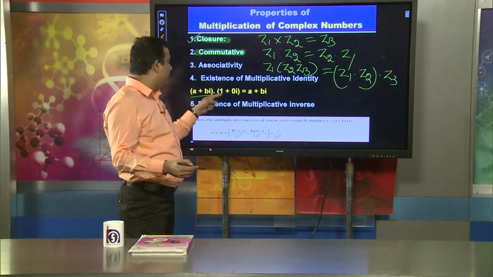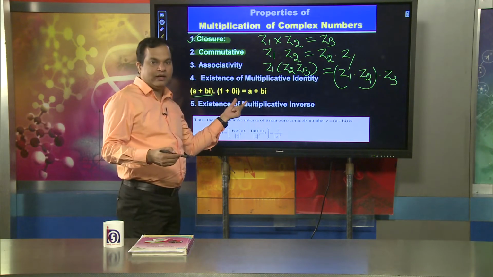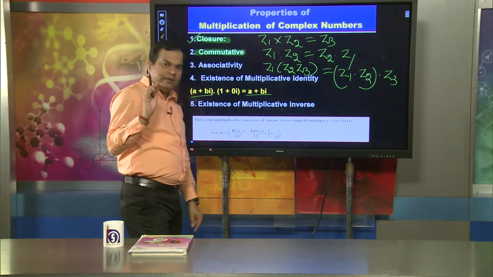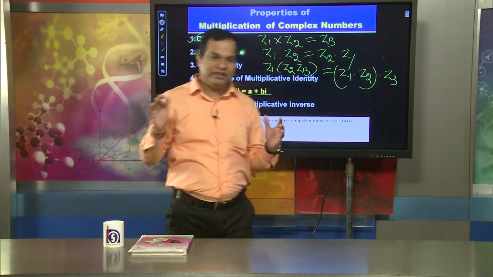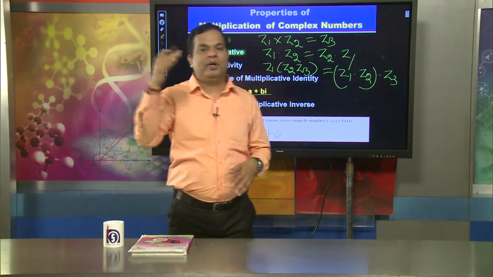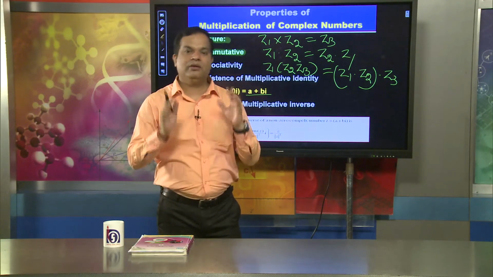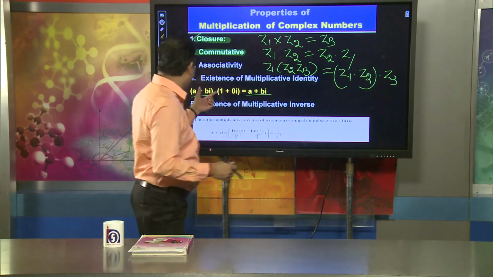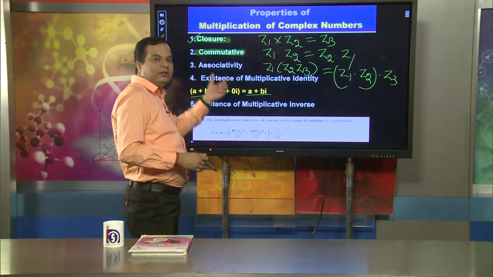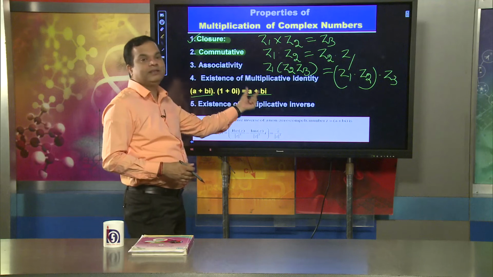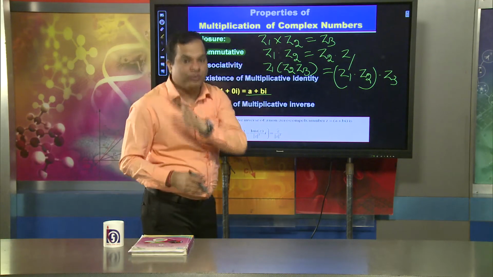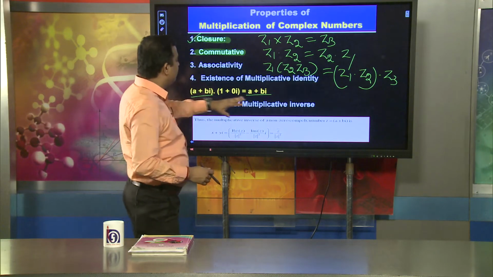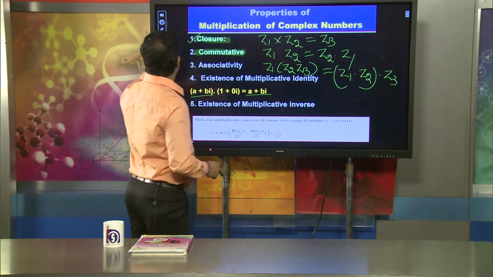When we multiply it with 1 plus 0i, you will find the value a plus bi. In the case of real numbers, 5 multiplied with 1 gives 5. In the case of complex numbers, if you multiply with 1, you find the same complex number.